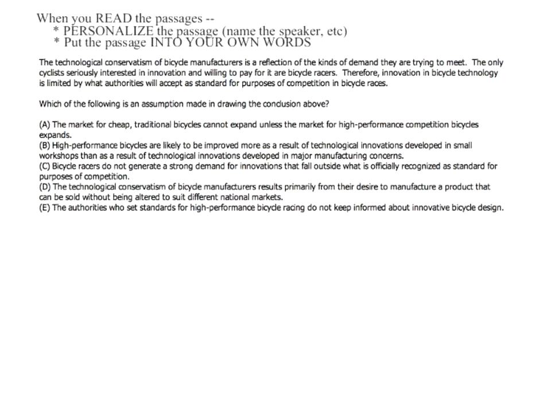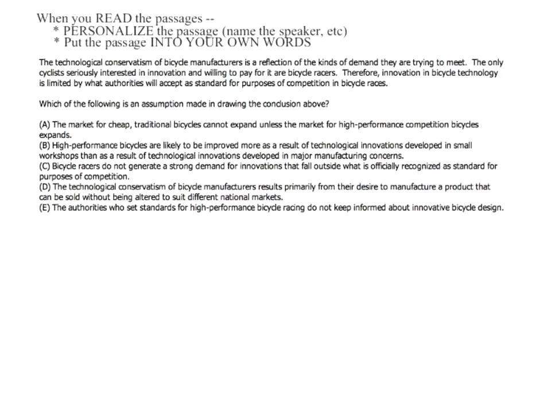So here, get rid of the kind of lofty written language and get this into more understandable terms. Technological conservatism, like bike manufacturers, are not very adventurous when it comes to technology. The only bike racers who care about innovation, so all innovation comes from bicycle racers.